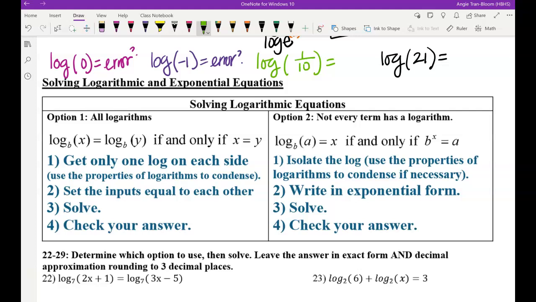Positive or negative? Oh, did you say a negative answer? Oh, good. Negative number. Let's just write negative number. How about when you punch in log of 21? Did it give you an answer? Was it a negative answer? Oh, positive answer. Okay.